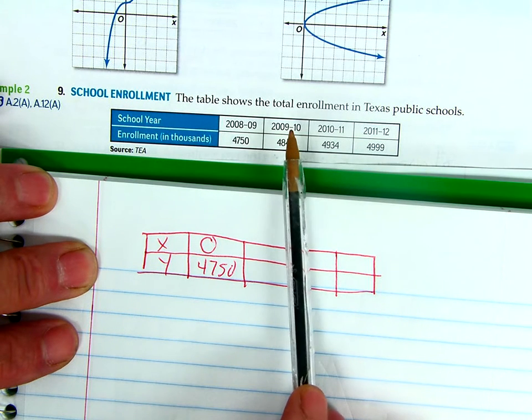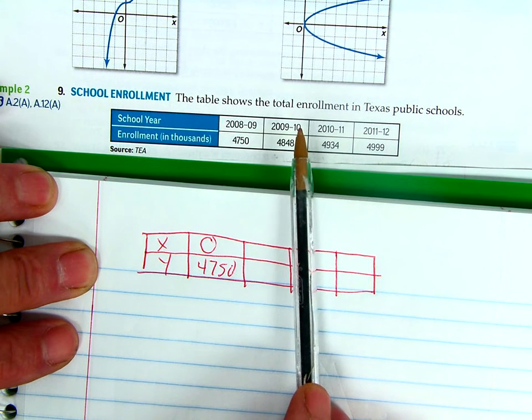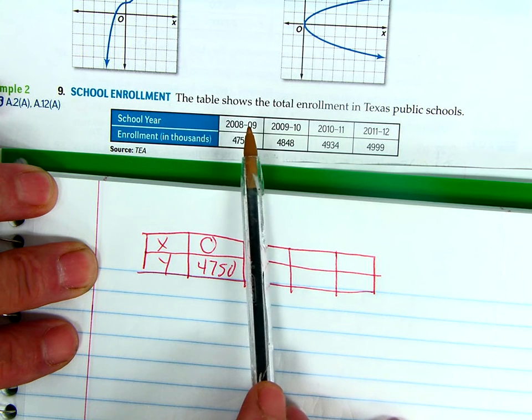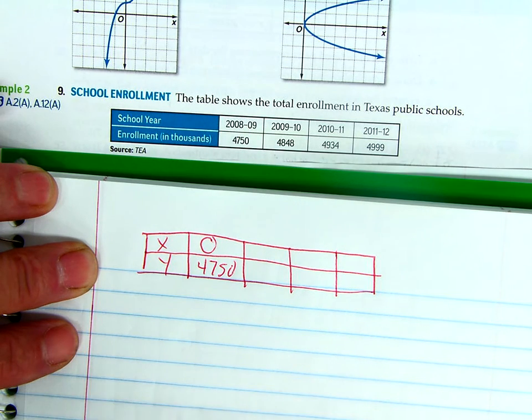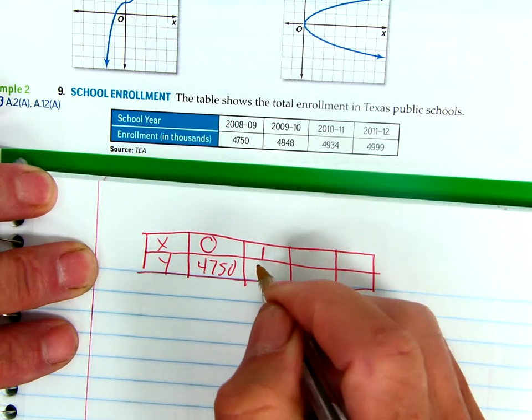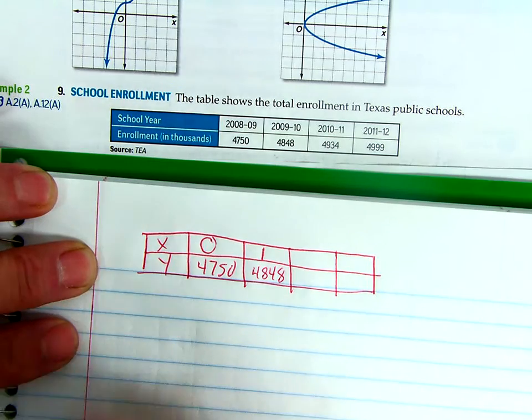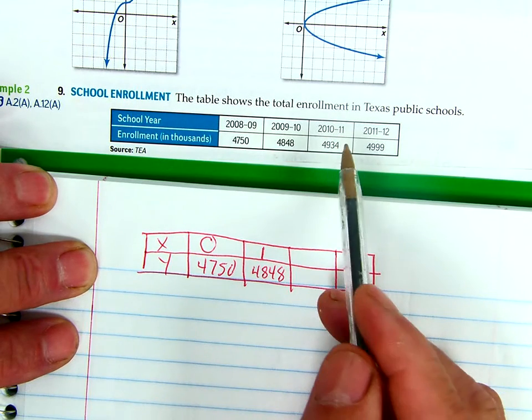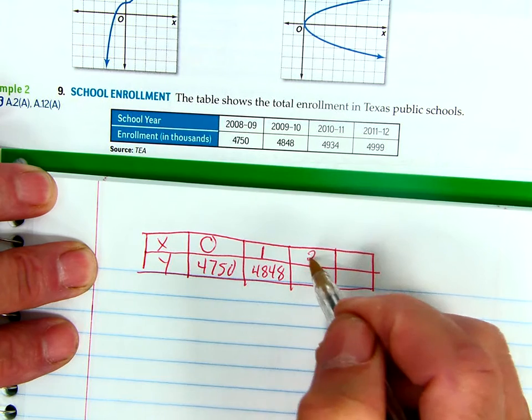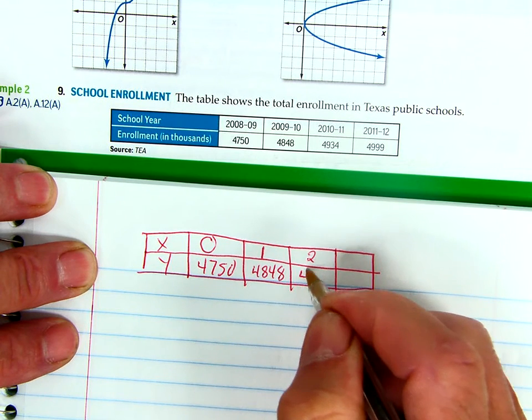Okay, now it's 2009, 2010. So how many years has it been since this year? 1. 2010-11. It's been 2 years since the start.